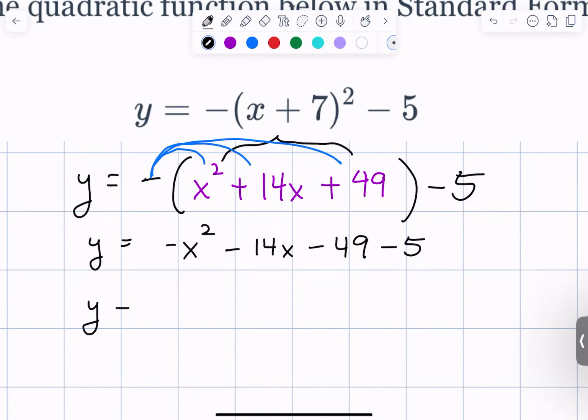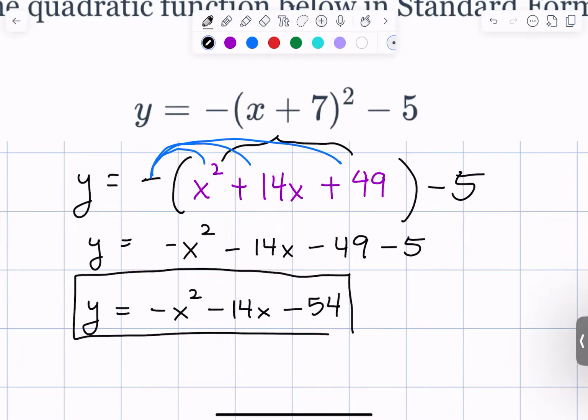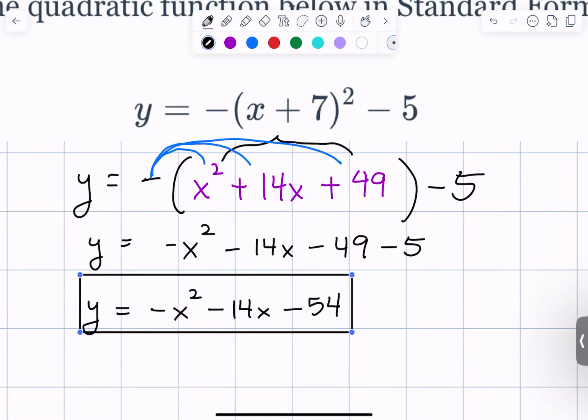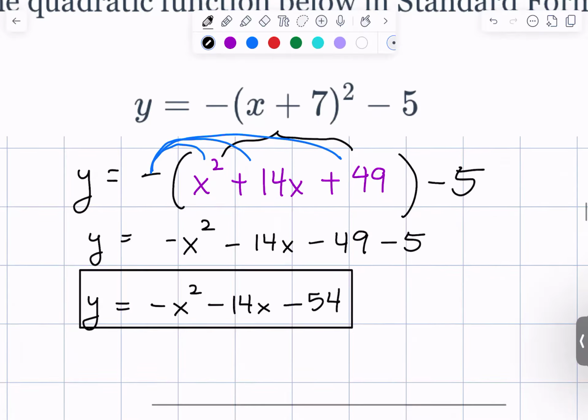So y would equal negative x squared minus 14x minus 54, and that would be your answer. Just going through those steps will get you from vertex form to standard form.